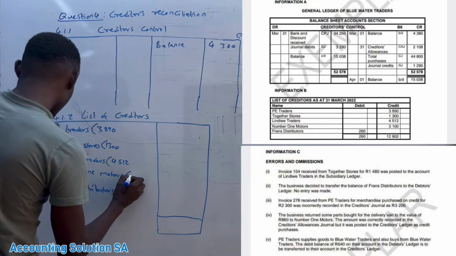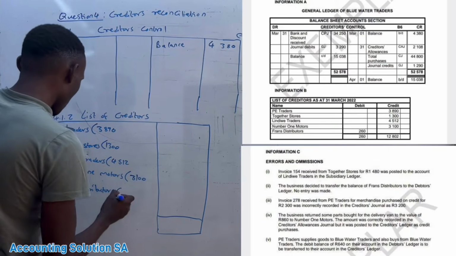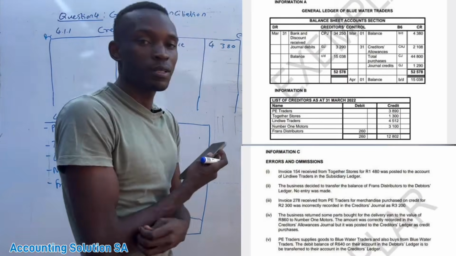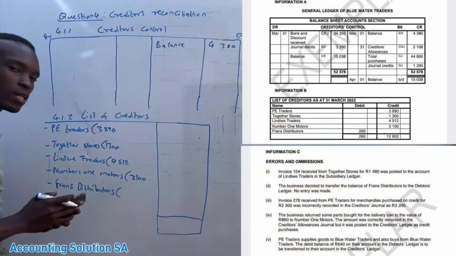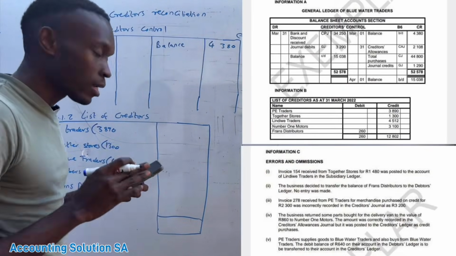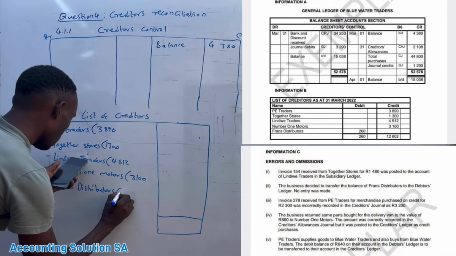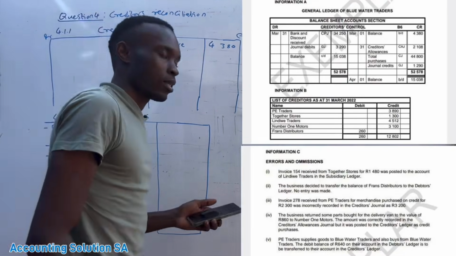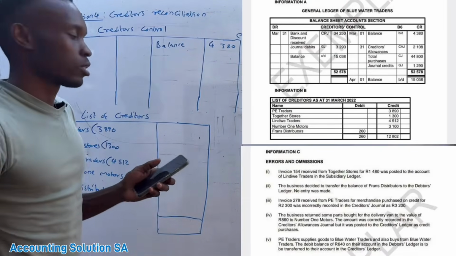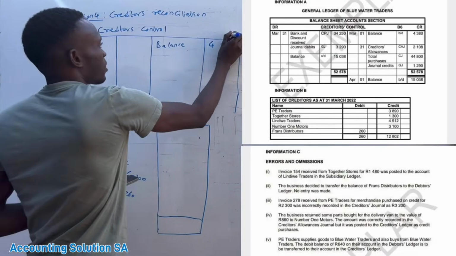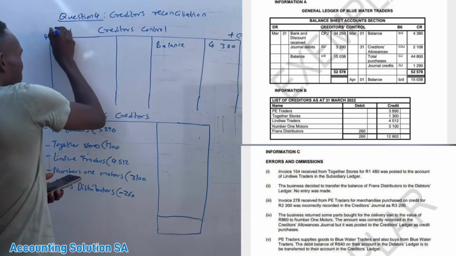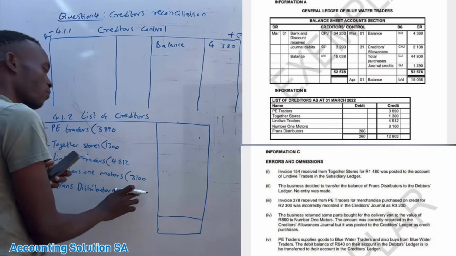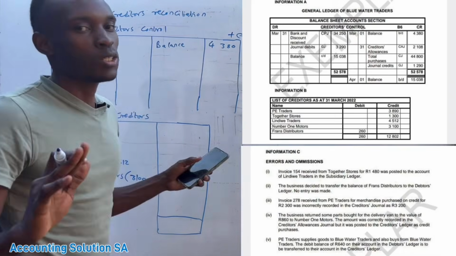And number one, 3,100. But you can see that France Distributor is 360, but on the debit. Remember, on the debit under liability is a minus, which means that here it is going to be negative 260. He's the only one with a negative. The rest is credit. It simply means that credit is a plus, debit is a minus, just like that. So already you have 1, 2, 3, 4, 5, 6 marks just to copy.